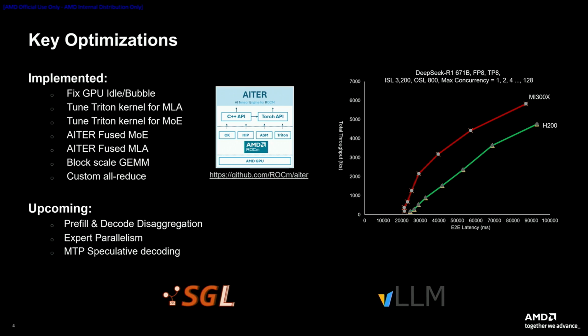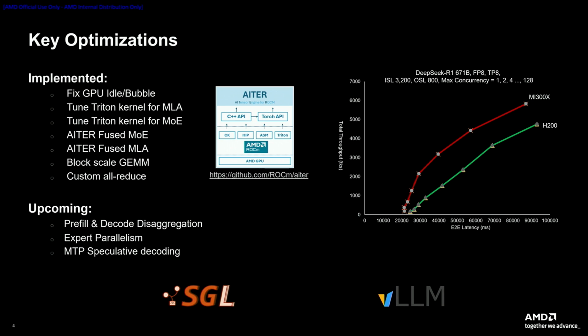The story behind it is that we have implemented a lot of optimizations, including a lot of Triton kernel tuning. At the very first place, SGLang and vLLM are heavily reliant on Triton kernels for the things I just mentioned.